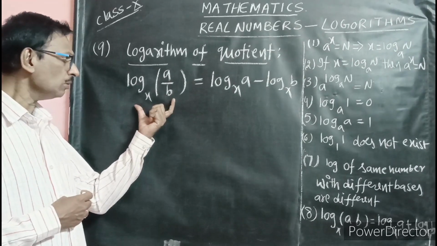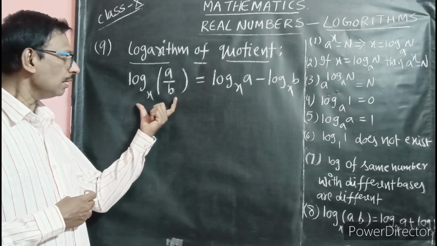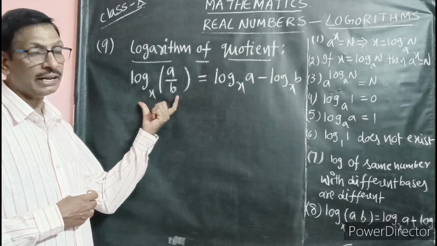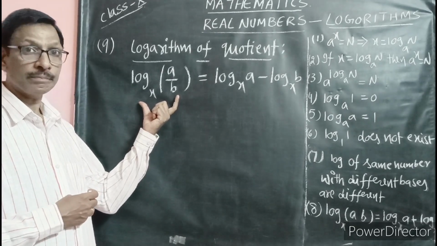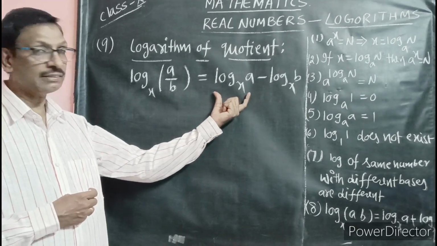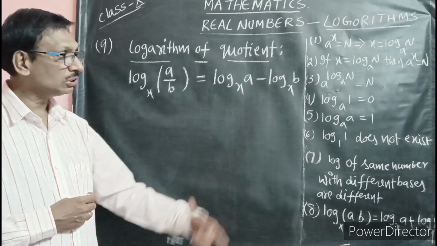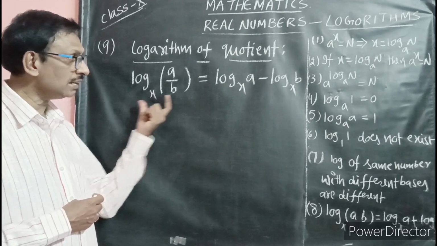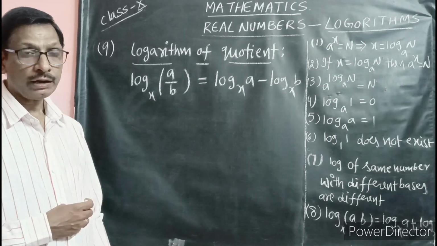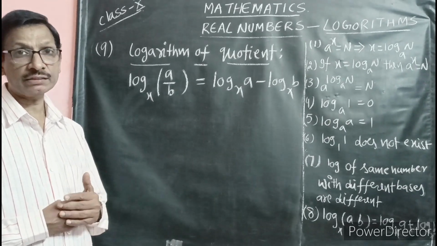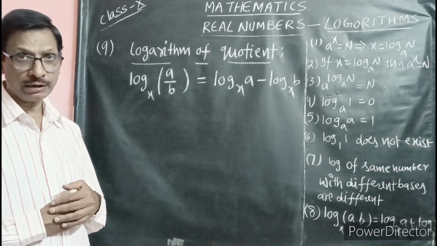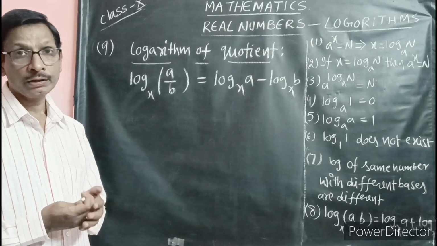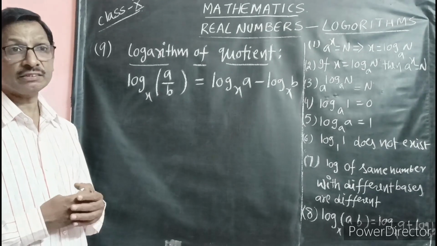The first side, log A by B to the base x, we take as some P, and this part is taken as Q, and the last term is taken as some R. This is the LHS and this is the RHS. Both LHS and RHS contain logarithmic forms only. So every logarithmic number gives some value, but in general we do not know its value.